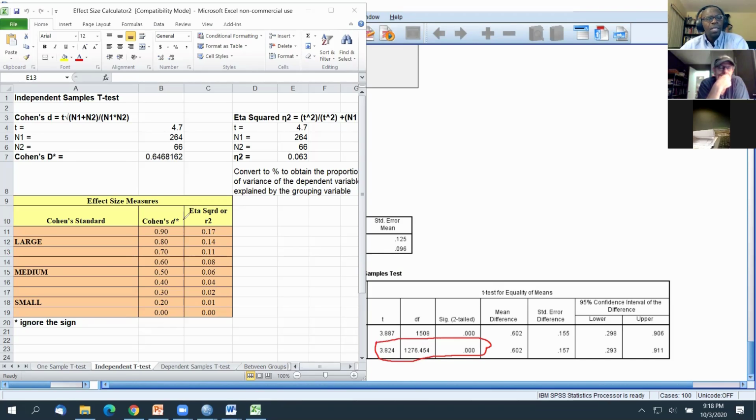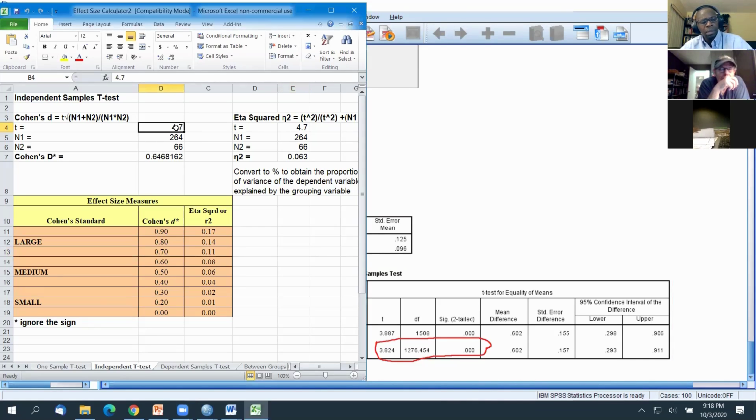All right. So the t-value is 1276.454. Now we're going to put in the sample sizes for group 1 and group 2.